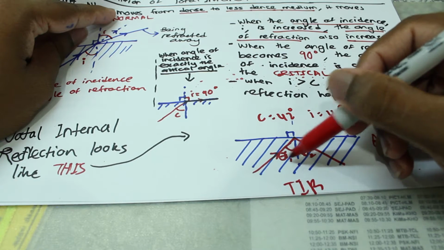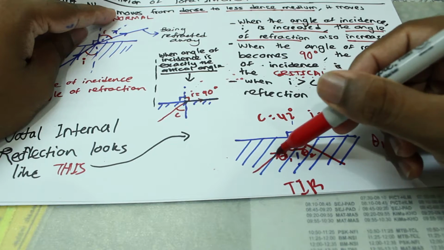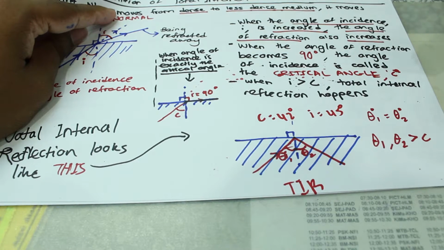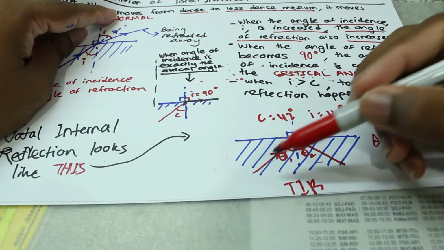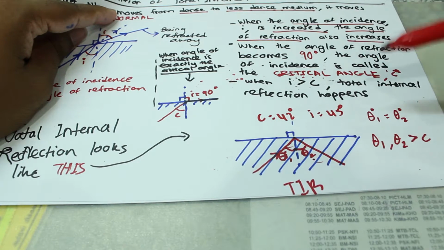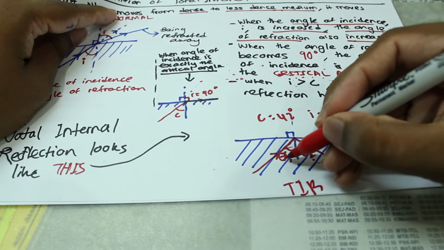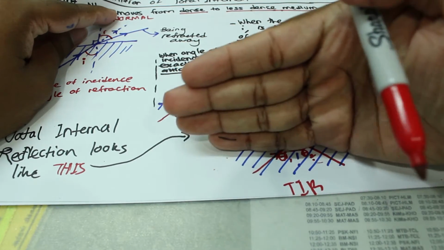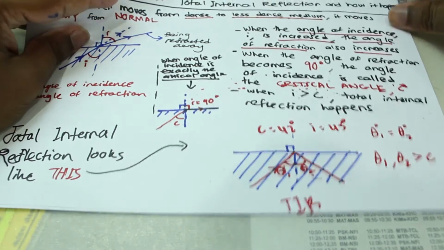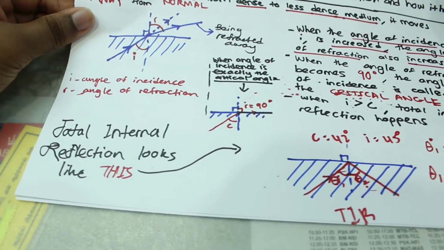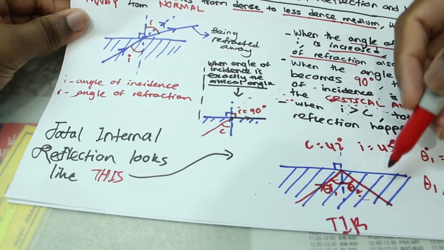So the incident and the reflected angle is always the same. It follows Snell's law, okay? And now total internal reflection has occurred. And remember, these two angles will be the same, and both the incident angle and the reflected angle will be on the same plane. That's basically Snell's law. Okay, total internal reflection looks like this.